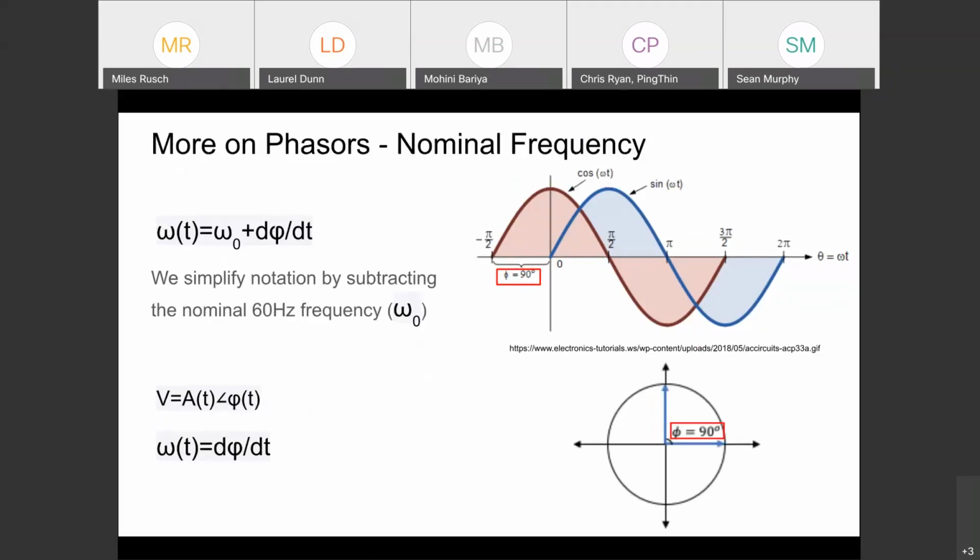And then we're just left with this phi of t term, and so we can then define the omega of t as the time varying frequency deviation from nominal.